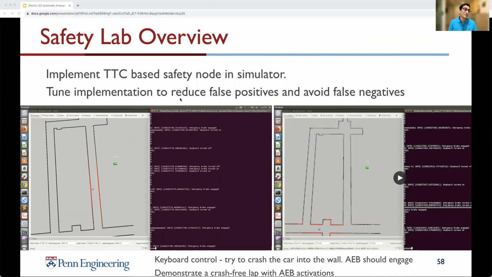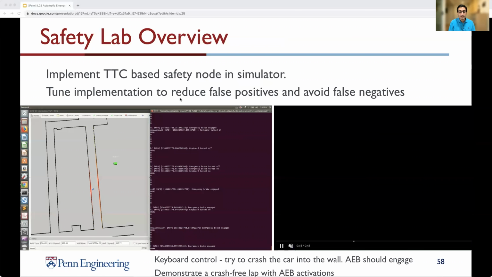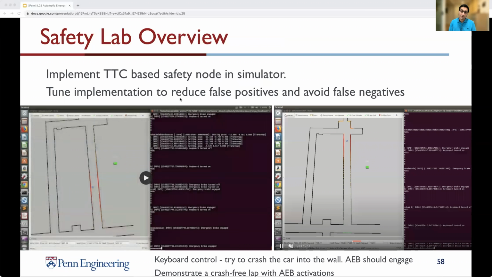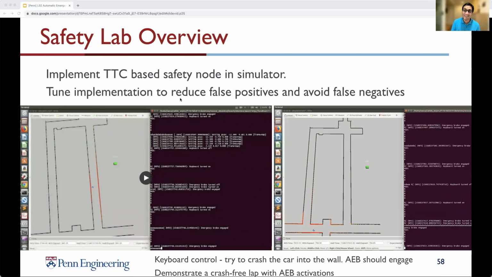And then you'll tune the AEB to reduce the false positives and false negatives, and have a pretty rough manual drive through this corridor map over here and demonstrate that, while you could have had many crash incidences, you have a crash-free lap with several AEB activations, right? That basically shows AEB in action with a terrible manual driver, right? But that's the way we start, right?